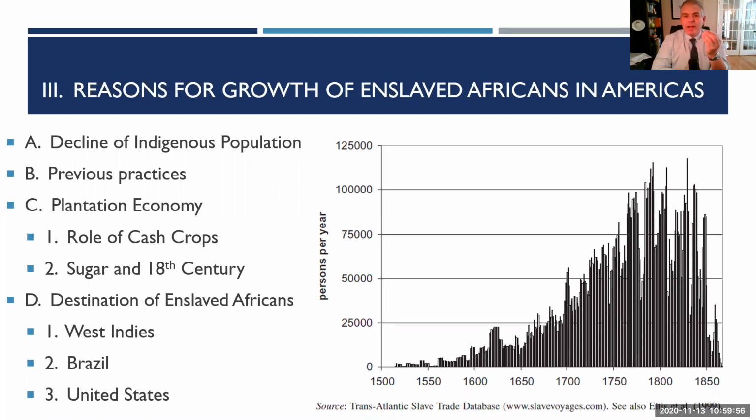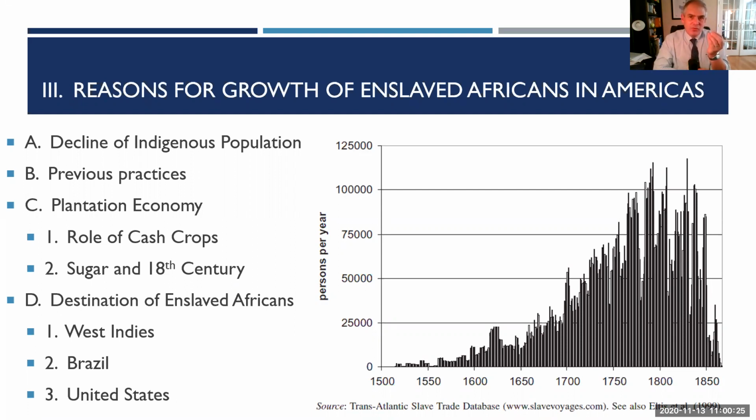And the reason why is because of cash crops in the Americas. The idea is that as cash crops expand, as the plantation economy expands in the Americas, the demand for enslaved Africans grows as well, which is going to lead to an increasing business of slavery and this transatlantic slave trade.